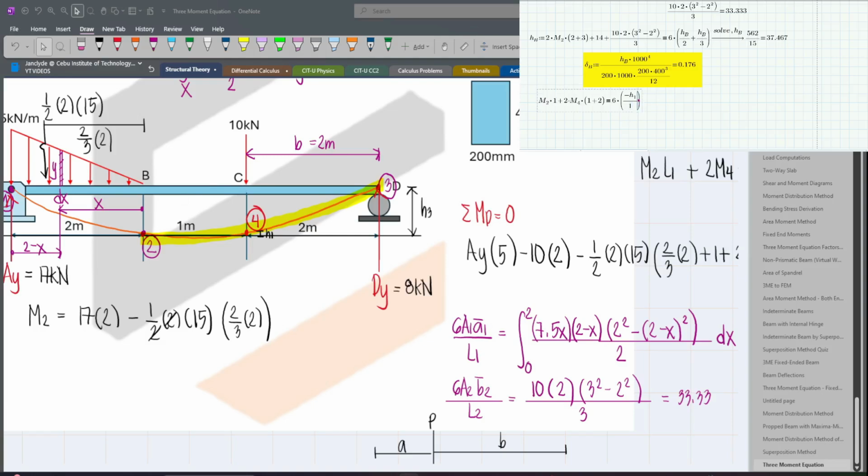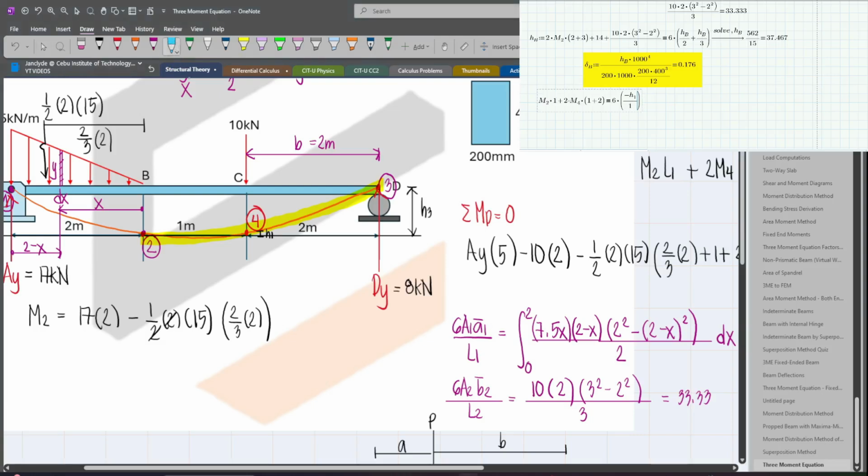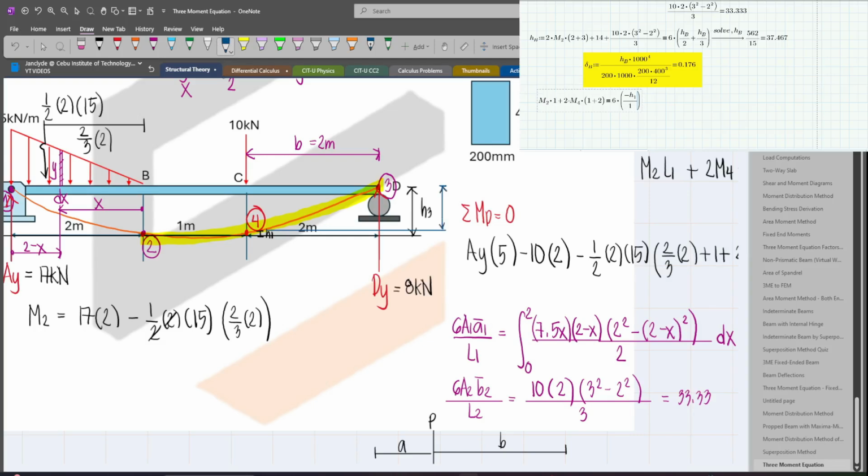So, divided by L1. Then, point 3 is above point 4. But what is the vertical distance separating them? Diba, hindi yan H3. Ito yan. From point 4 going to point 3, the vertical distance is this one. Ayan. Now, I hope agree lang that this is H3 minus H sub 1.